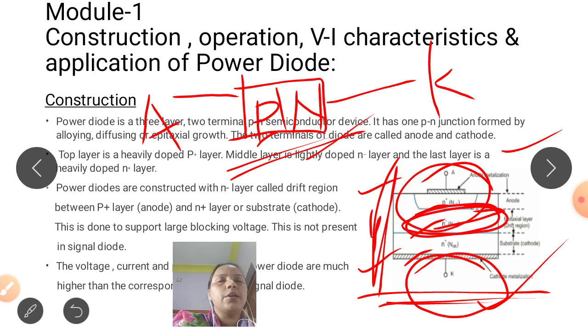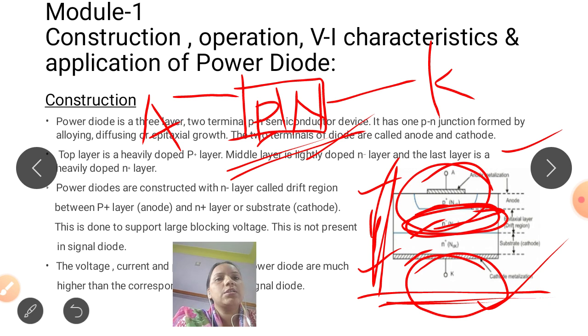By this structure, we can make the diode operate at high power levels, whereas the signal diode is not able to be used in high power applications. Signal diodes are only for low power applications, and power diodes are only for high power applications.